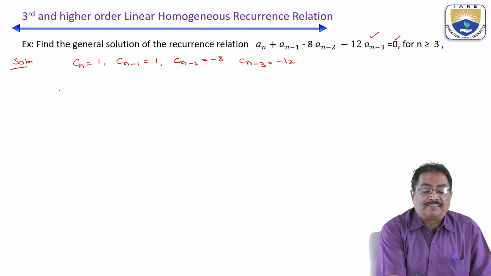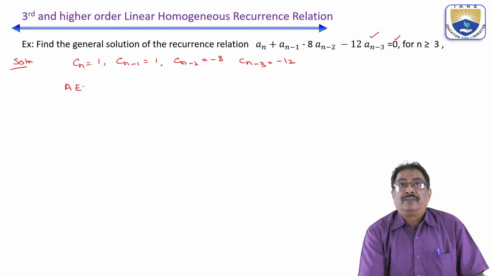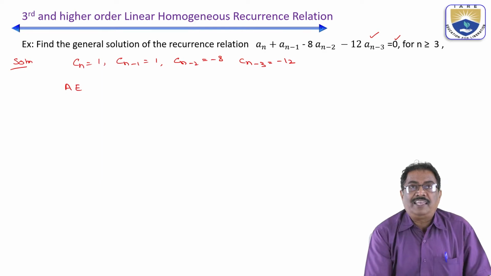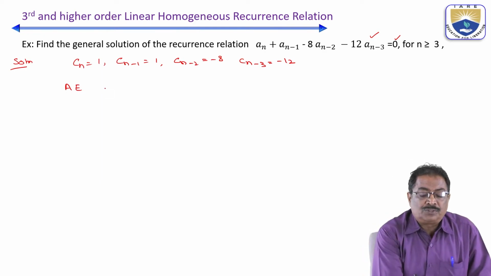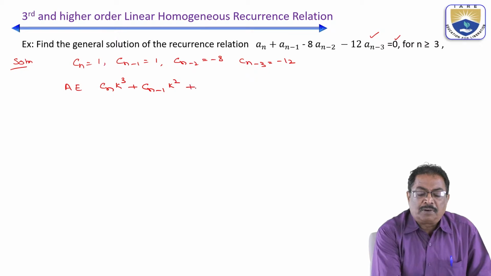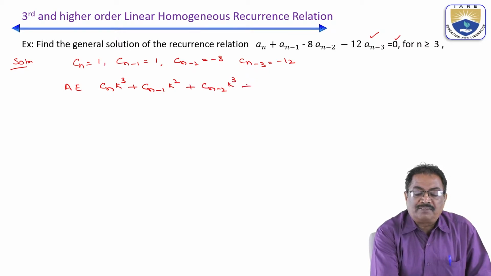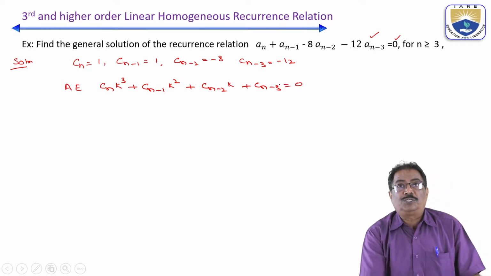Now, what is the auxiliary equation? The auxiliary equation of the given recurrence relation is c_n k cubed plus c_{n-1} k squared plus c_{n-2} k plus c_{n-3} equals 0.